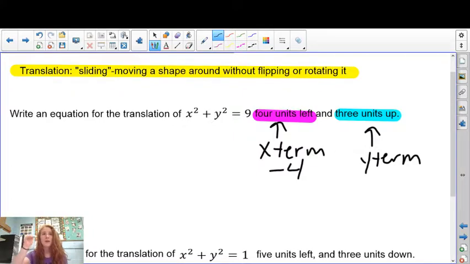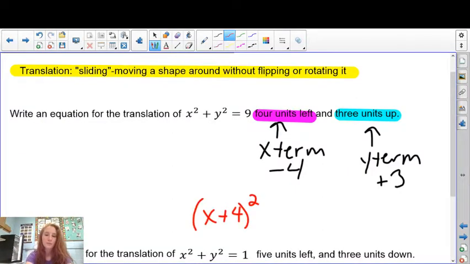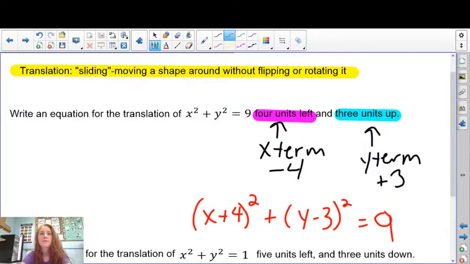Now 3 units up, in my head I'm going to think y plus 3. But when I go to rewrite my new equation, I have to flip my sign. So I have (x + 4)² + (y - 3)² = 9. And yes, I almost drew a 0.